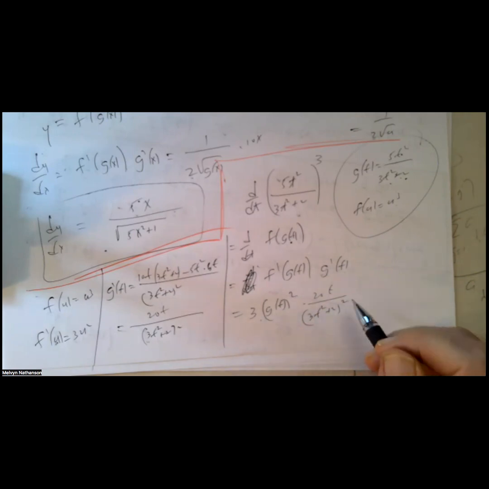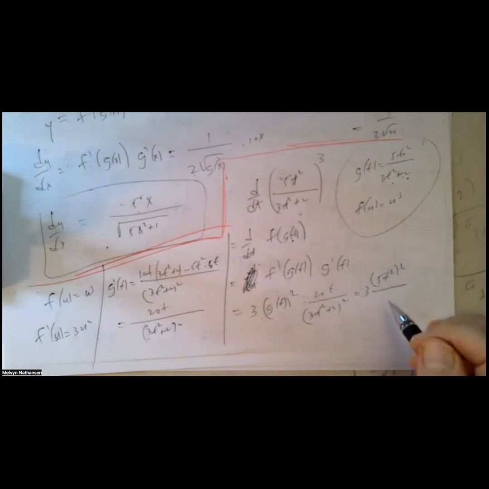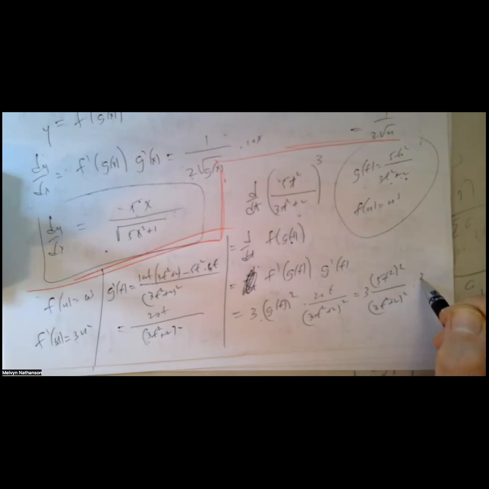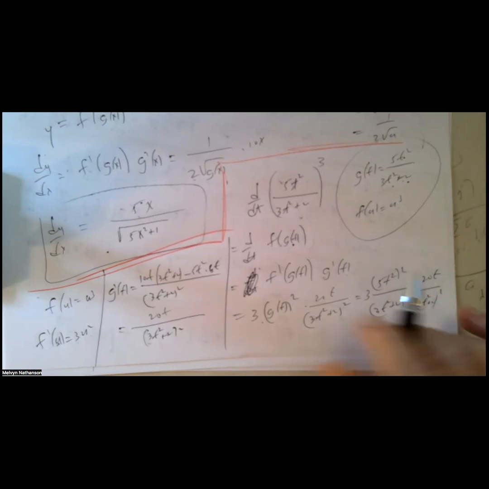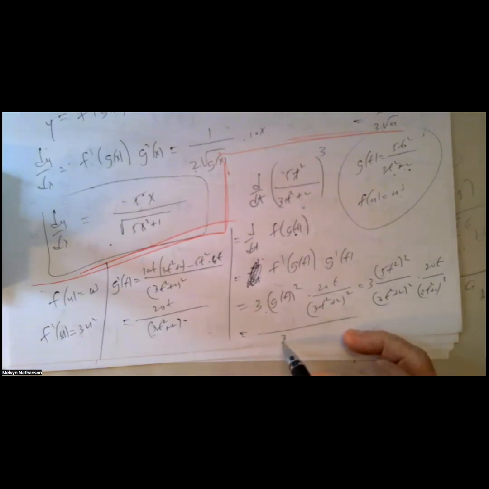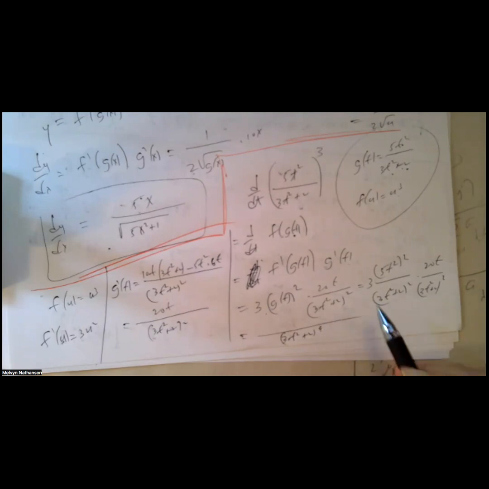What was g of t? That's 3 times g of t squared: 5t squared over 3t squared plus 2, squared, times 20t over 3t squared plus 2, squared. So I get something where the denominator is 3t squared plus 2 to the 4th, this squared times this squared.